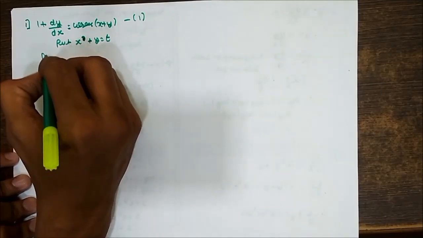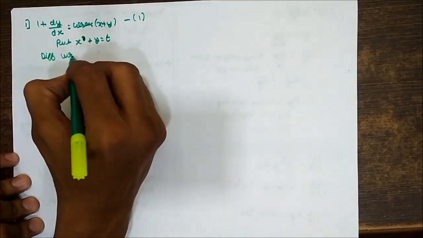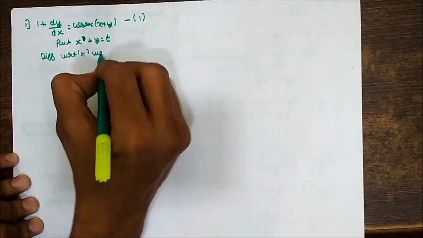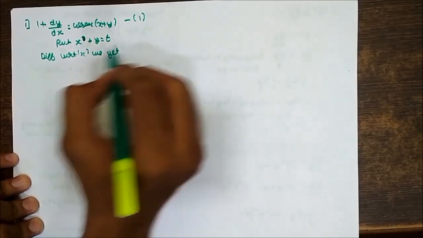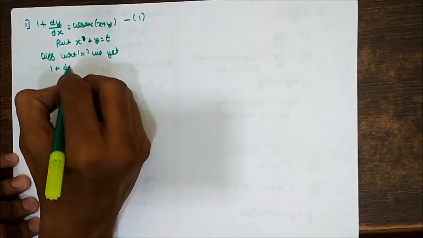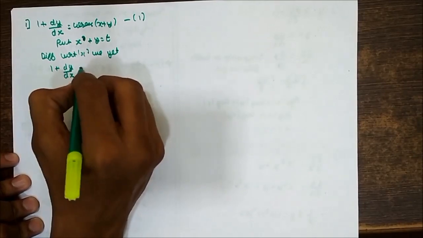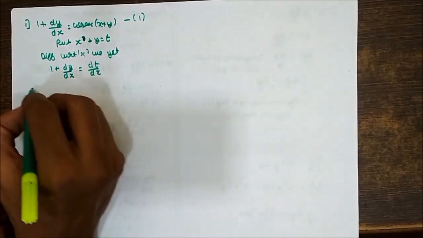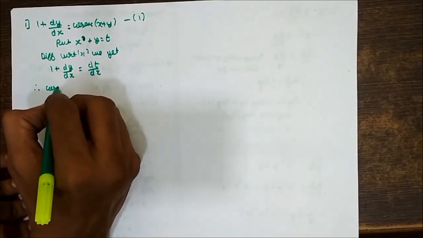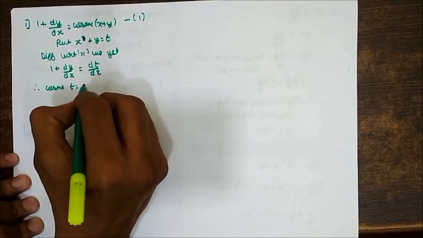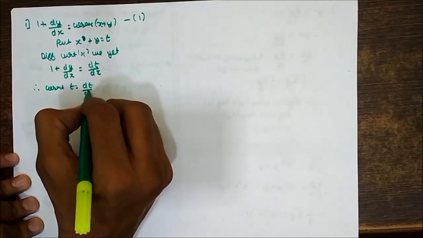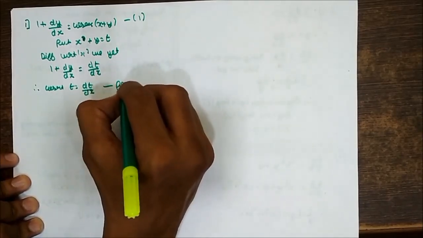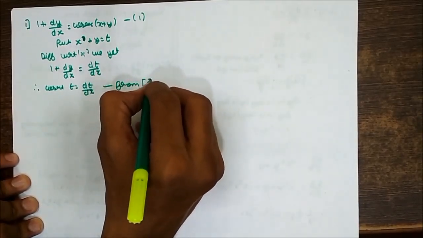Now differentiating with respect to x, we get 1 plus dy by dx is equal to dt by dx. Therefore cosec t is equal to dt by dx from 1.